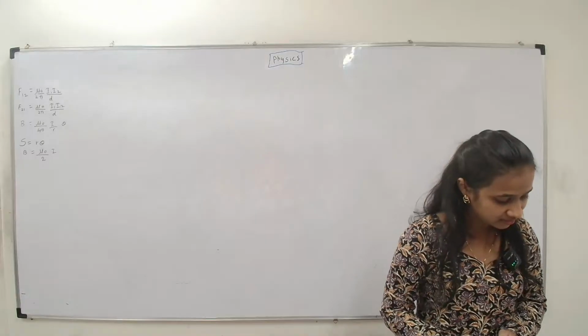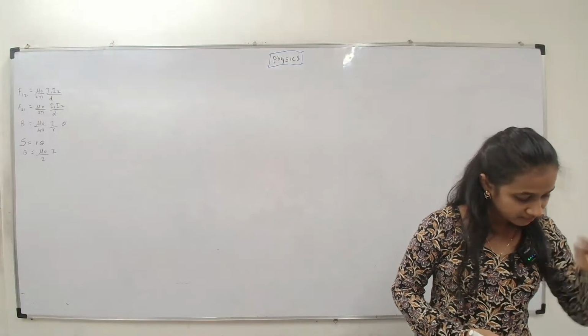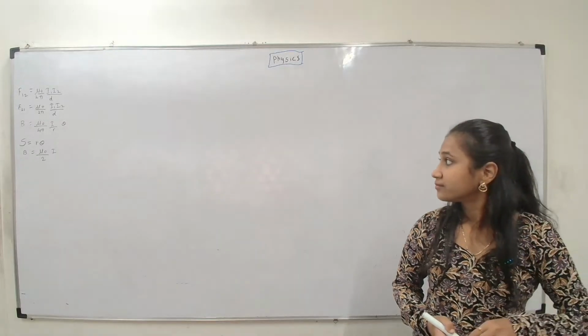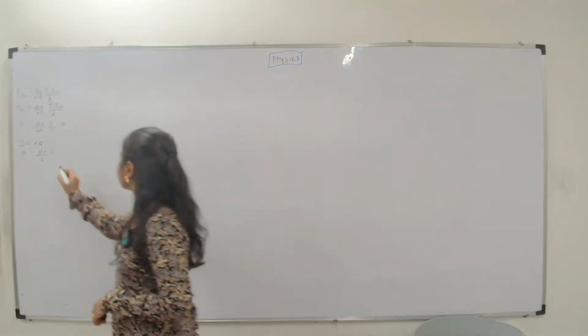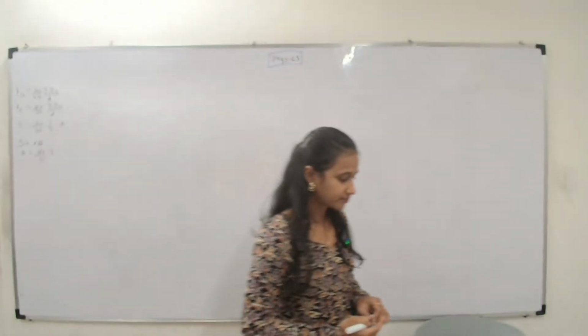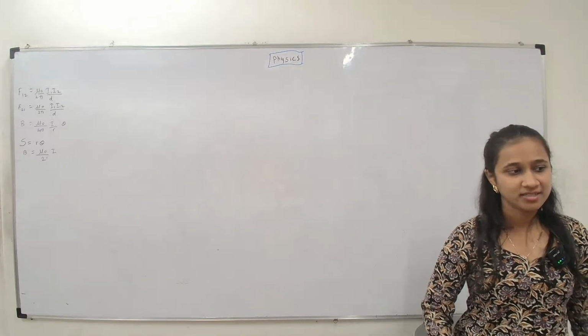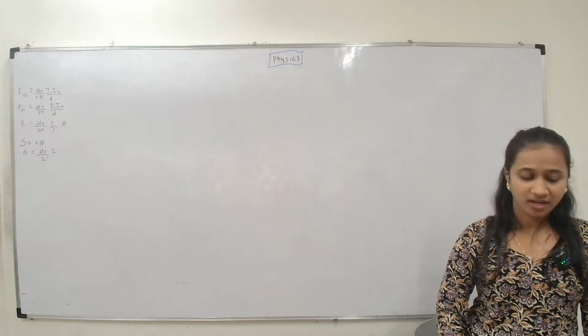R आहे ना तिथे. So total angle traced at the center is 2 pi, that is 360. So R will be there.